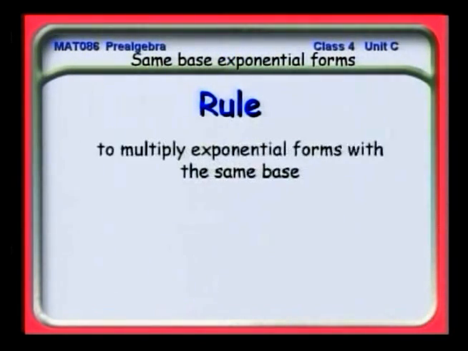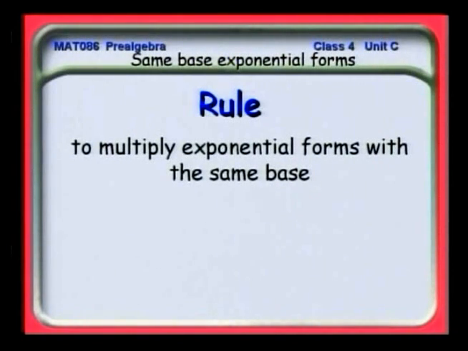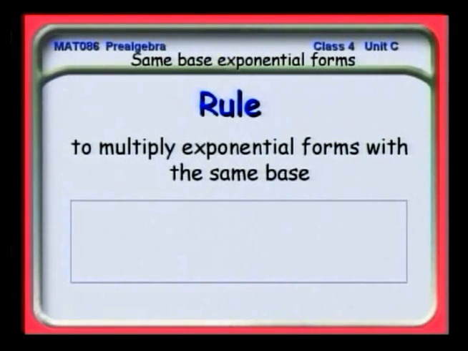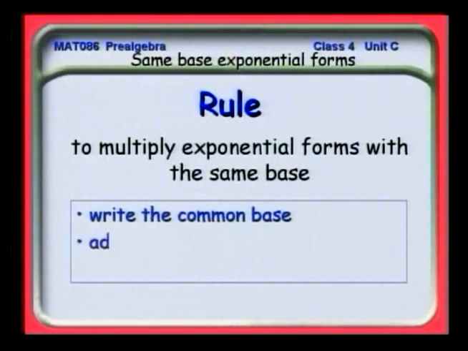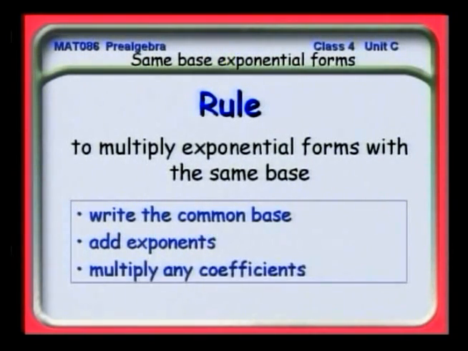To multiply exponential forms with the same base, we write down the base, then we add the exponents, and if there are coefficients on the two terms, we need to multiply those coefficients.